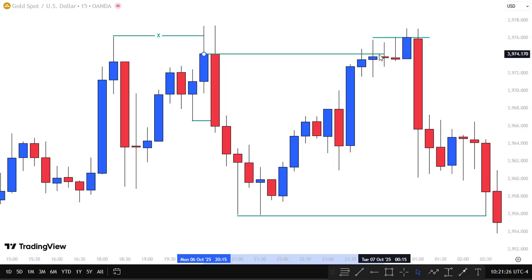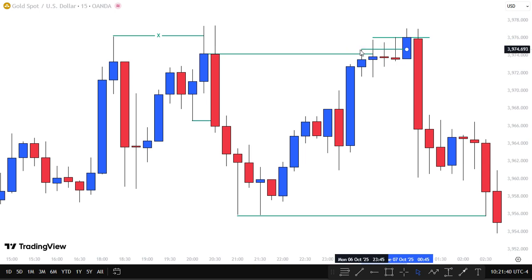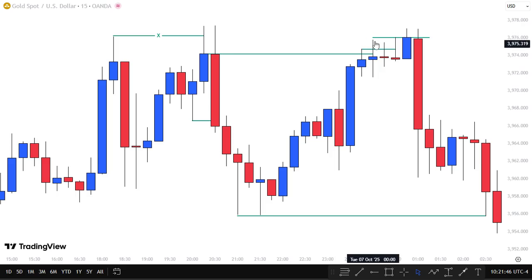So in order to have a tight stop loss, you wait for a confirmation. In this case, my confirmation was a swing high. Since you're looking for sell opportunities, you wait for price to start making new swing highs.